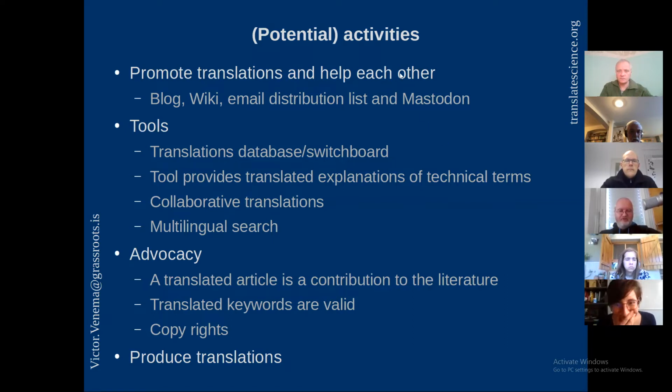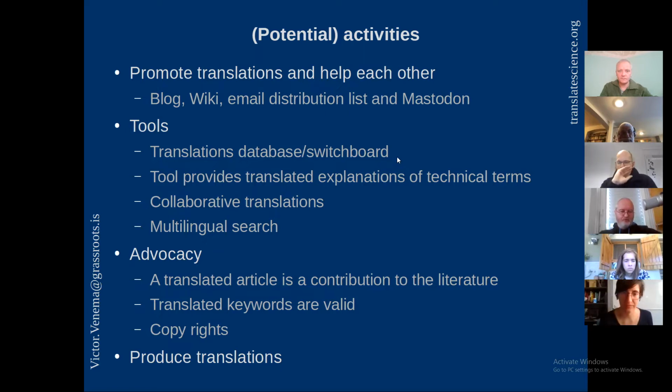We have a wiki as more or less a way to fix information on how to make translations, how to encode metadata on translations in your web pages and in your XML files, all that kind of things, what kind of tools there are. We have an email distribution list for internal discussions, and we keep in touch with the community on the microblogging site Mastodon.